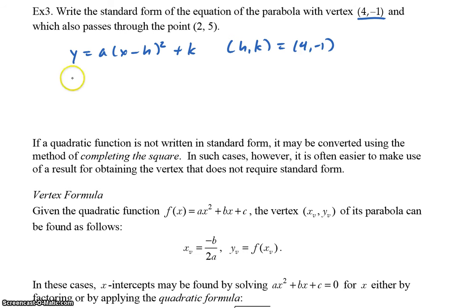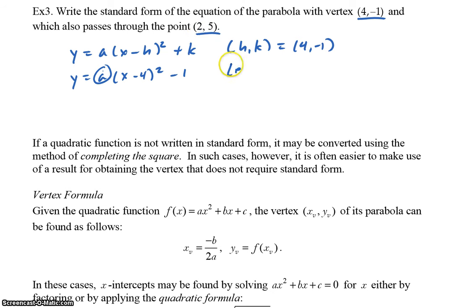So we can write our equation now as y equals a(x - 4)^2 + (-1), or just -1. So the only thing left to determine is the value of a. For that purpose, we can use the second point that is given, (2, 5).